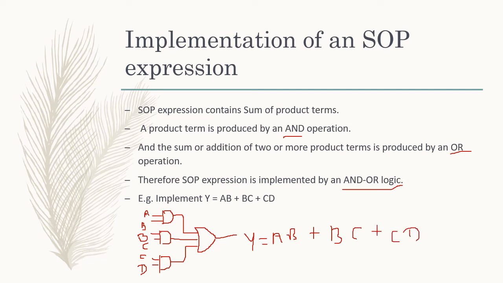Because these are the three inputs that you are giving to your OR gate, which is the three-input OR gate, and we know that an OR gate performs the addition, the sum of the inputs. So the final equation is y equals ab plus bc plus cd. This is how we can implement any SOP expression by using AND-OR logic.